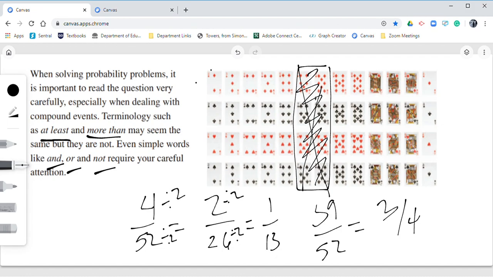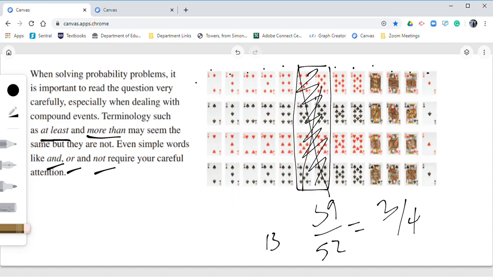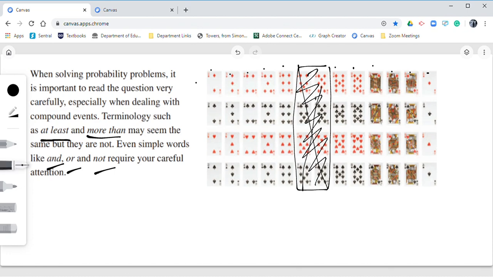So 4, 8, 12, 16, 20, 24, 28, 32, 36, 40, 44. I just skip counted to get 44.